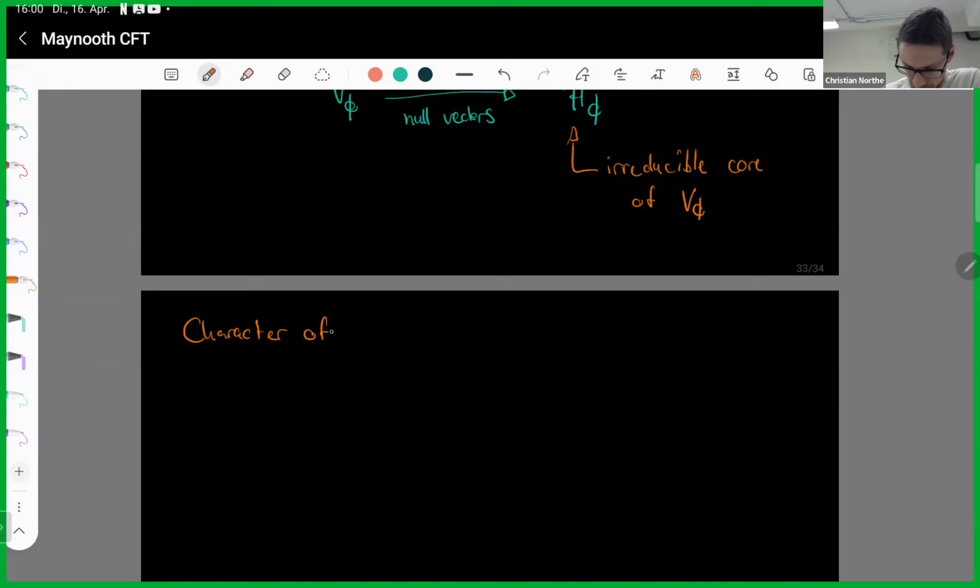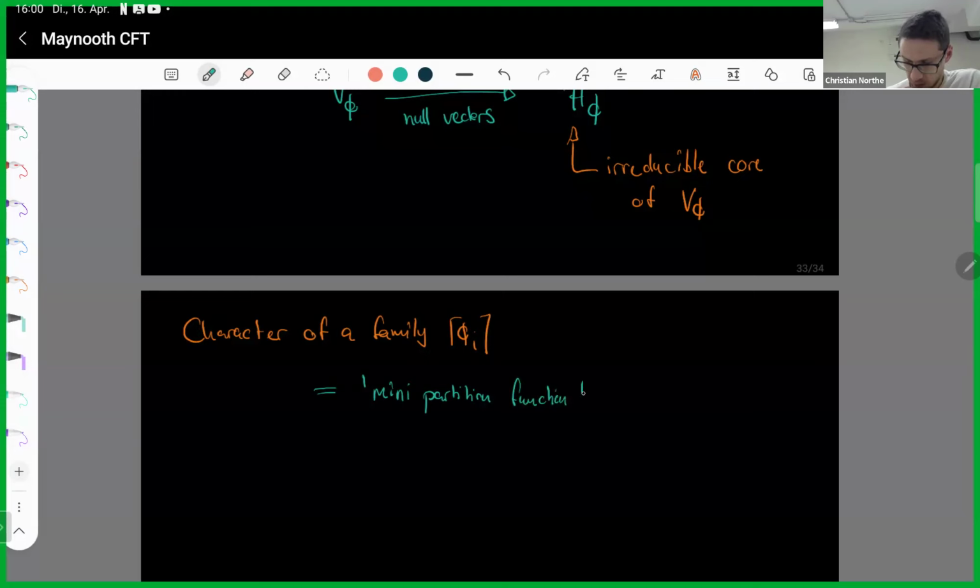So, the character of a family phi I. And that is, I put this in quotes, a mini partition function for the family phi I.